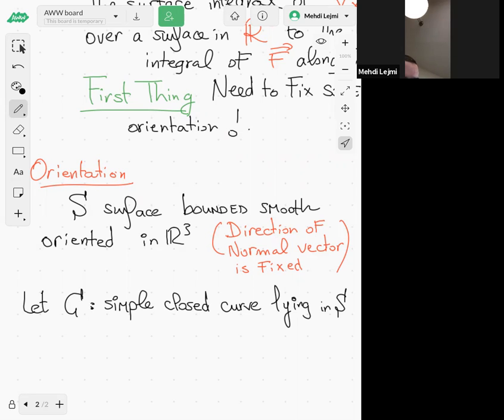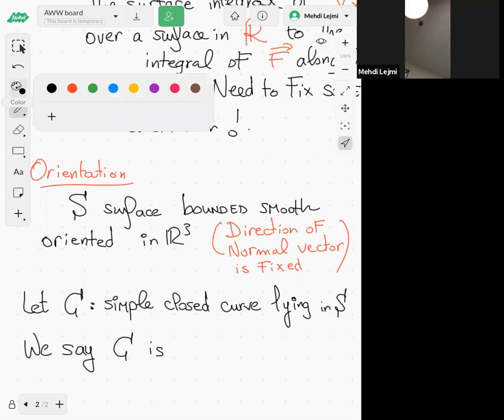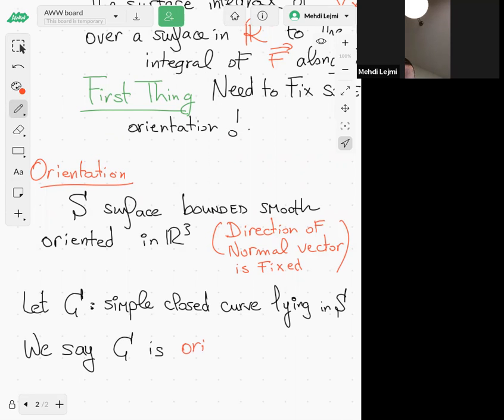Okay, so we say that this curve C is oriented consistently with S. Because again the surface is already oriented, right?